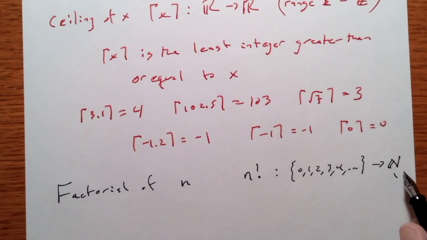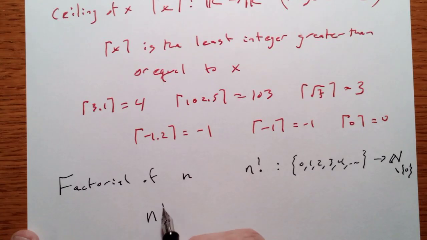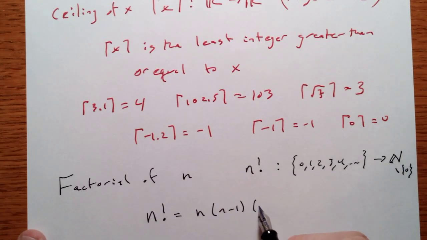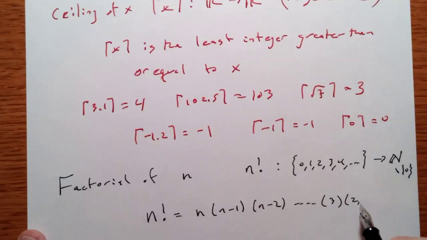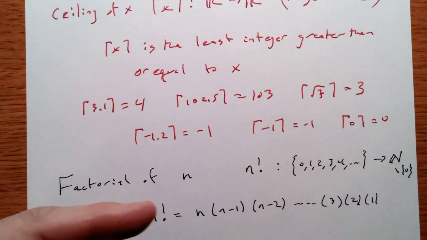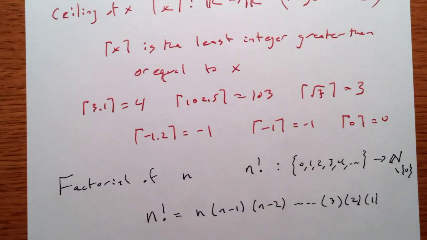So n take away 0. And we're going to define it as follows. N factorial is n times n minus 1 times n minus 2 dot dot dot times 3 times 2 times 1. So you take all the numbers from wherever you start down to 1 and multiply them together.